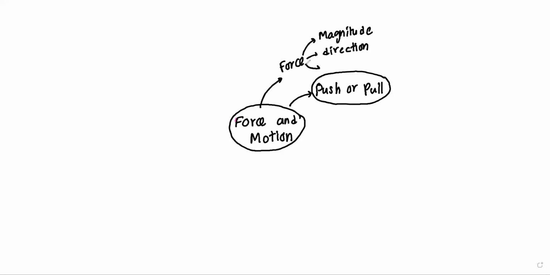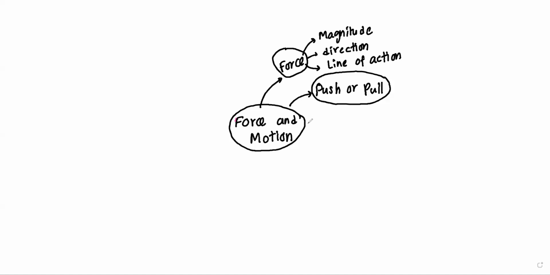And also, a force has a line of action. Line of action means a force has a specific, or you can also call it an imaginary line, through which the force is expected to act. So we call it the line of action.